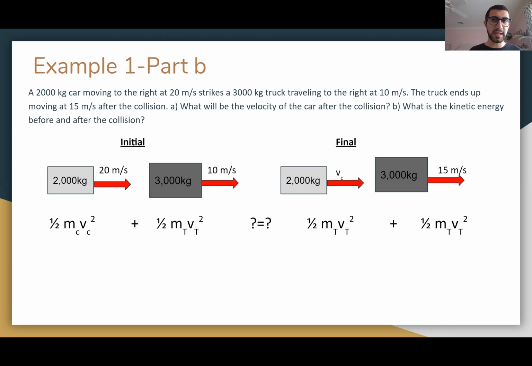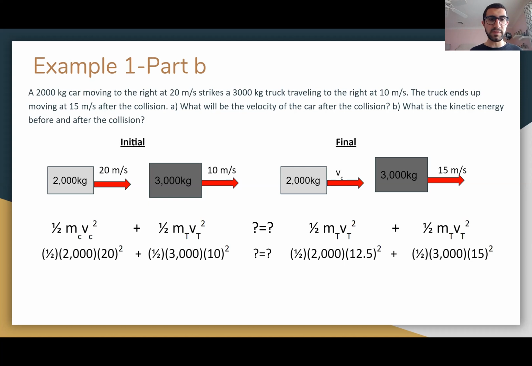So we have the kinetic energy of the car initially plus the kinetic energy of the truck initially is equal to the kinetic energy of both the car and the truck afterward, after the collision. So let's plug in our numbers. We were given the masses and the velocities for all our situations, and we just found that the final velocity of the car in part A was 12.5 meters per second.